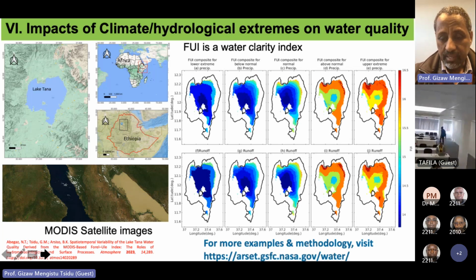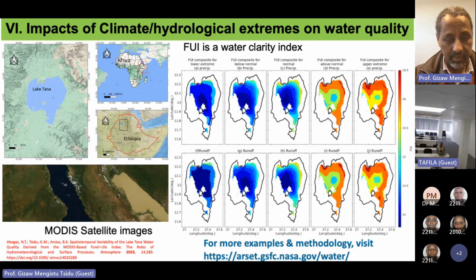This is one example where you can monitor water quality. I'm presenting this. This is actually in Eastern Africa, in Ethiopia. We look at lake water quality. The bottom image is a satellite image of a lake.